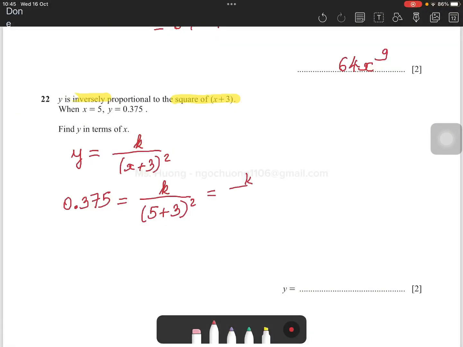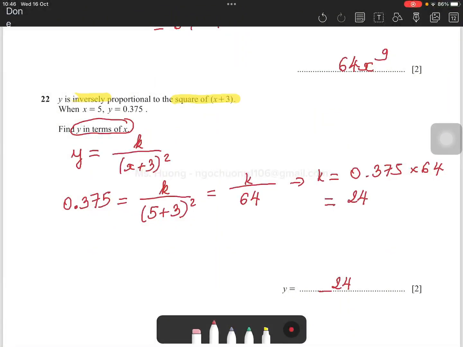This is k over 8 squared, which is 64. Now to find the value of k, we multiply 0.375 by 64. So k is equal to 24. And now we want to write y in terms of x. Y is equal to 24 over x plus 3 squared.